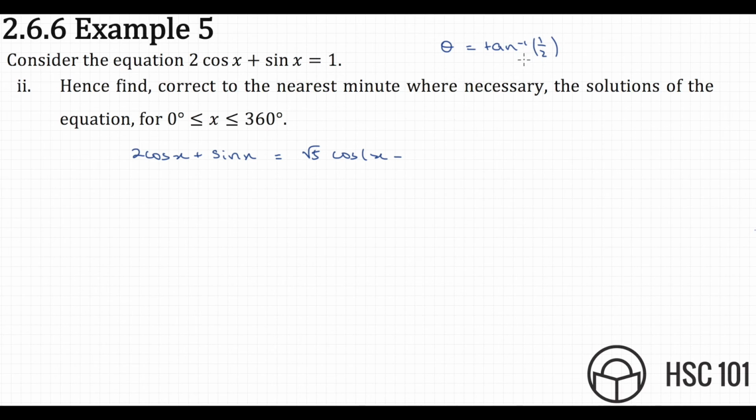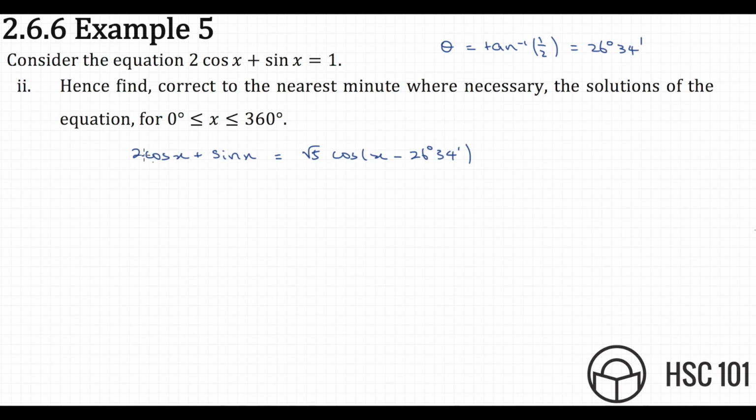Now this is not going to be a special angle, so if I type it into the calculator, this is going to be 26 degrees and 34 minutes to the nearest minute. So just substituting this in, we've got 26 degrees and 34 minutes replacing theta.